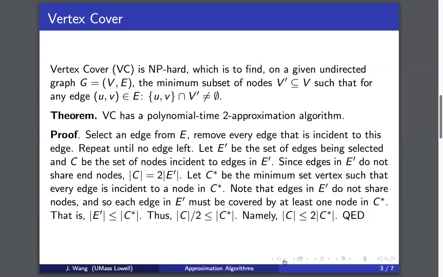Okay, so the first example we're going to look at is called the vertex cover problem, and then we move on to TSP. So vertex cover is NP-hard, which is to find, on a given undirected graph G, the minimum subset of nodes V prime, which is included in V, such that for any edge UV, if you take the endpoints of UV, then one of the points is in V prime.